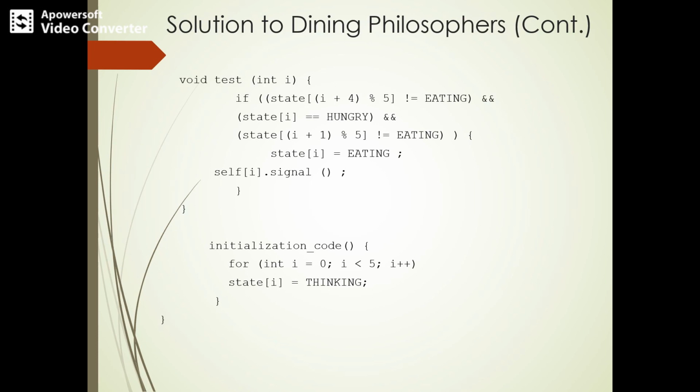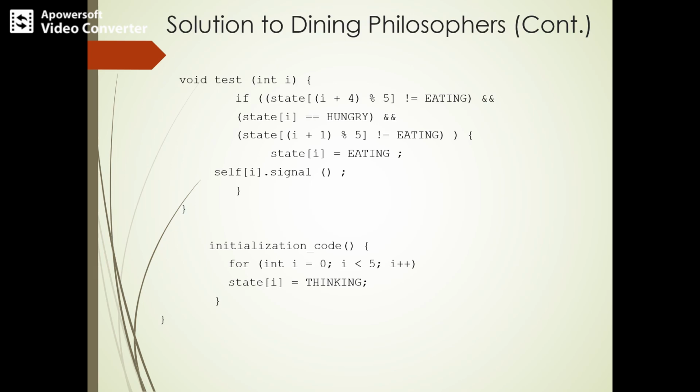So if the previous neighbor, maybe the right hand side, is not eating, and if the state of the current philosopher is hungry, and if the state of I plus 1 mod 5, let's say 2 mod 5, the next neighbor, that means if I was 1, it is 2. So his left hand side neighbor, state of I plus 1 mod 5, is not equal to eating.